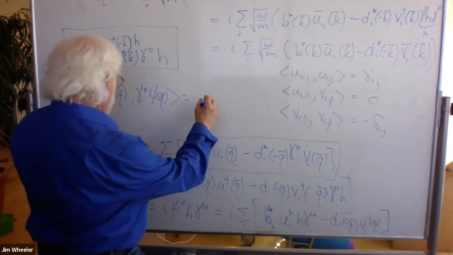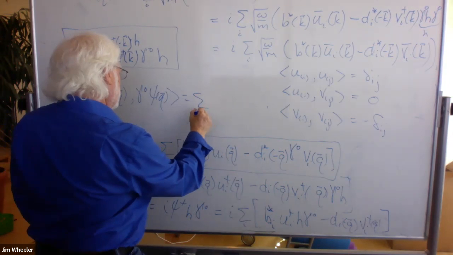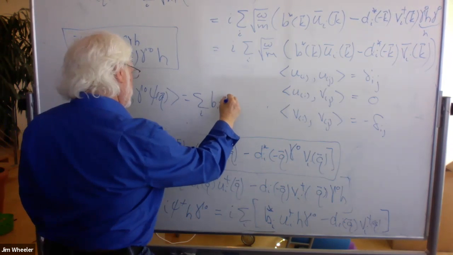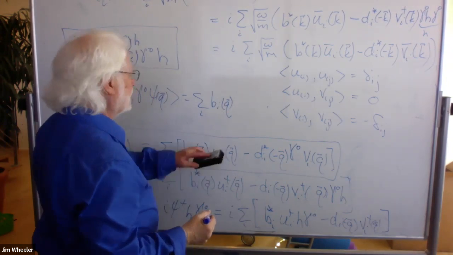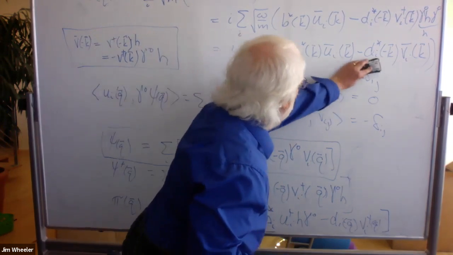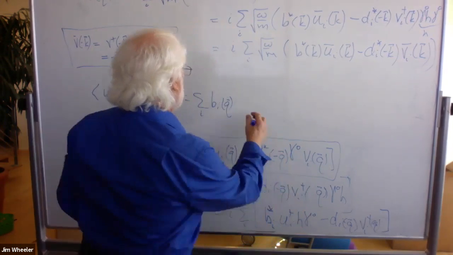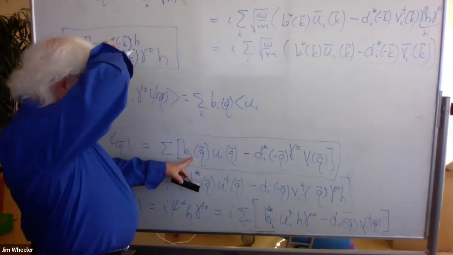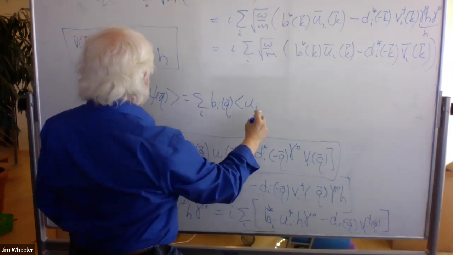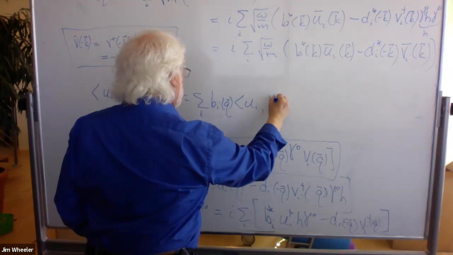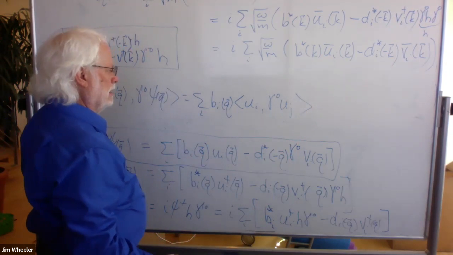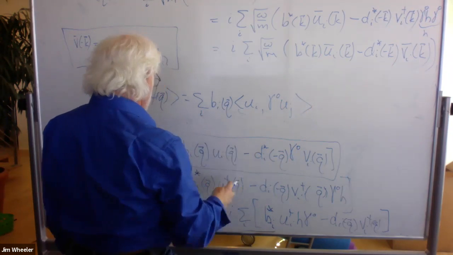So then what I end up with is the sum on i, b i of Q, and the inner product of U i, I change the dummy index here, with gamma 0 u j, all of Q. And now we work this one out.